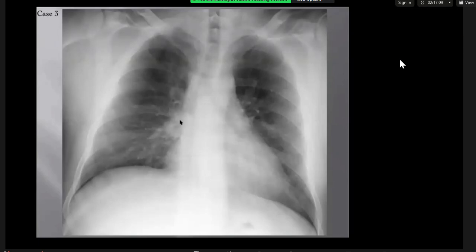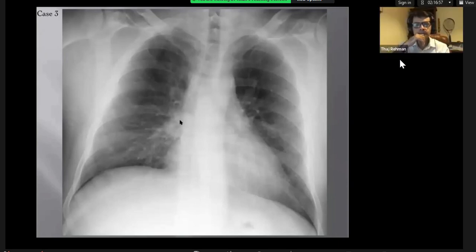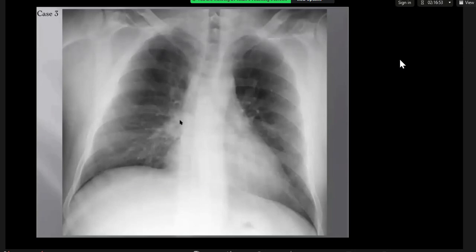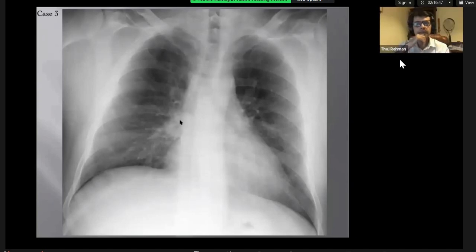So I would think that in this patient it does look like the hilum overlay sign. It's against the hilum, but you can still sort of make out the vessels. Yeah, you can see the vessels.